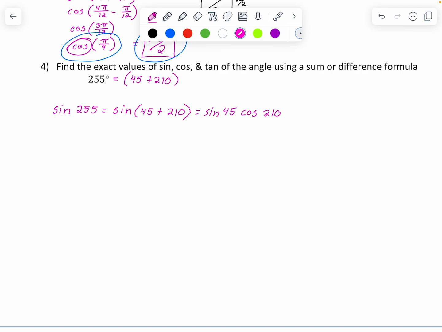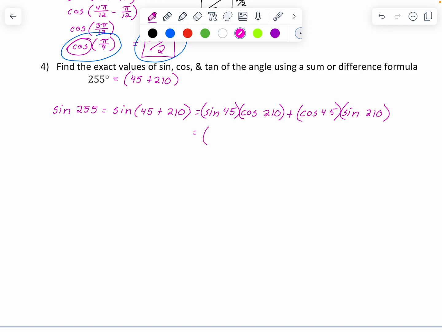Then for a sum, we're going to do plus, and then we have cosine of the first angle, which is 45, times sine of the second angle, which is 210. Now we go to our unit circle and we start filling in values. So remember, this is going to become a fraction, this is going to become a fraction, this is going to become a fraction, and this is going to become a fraction.